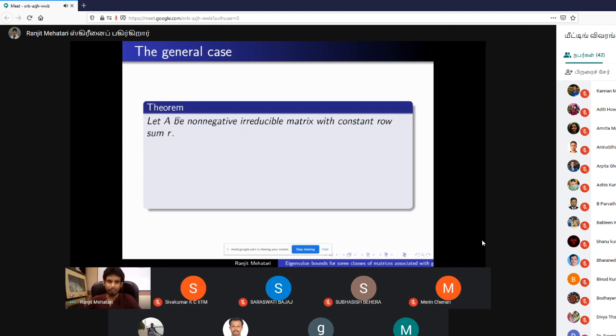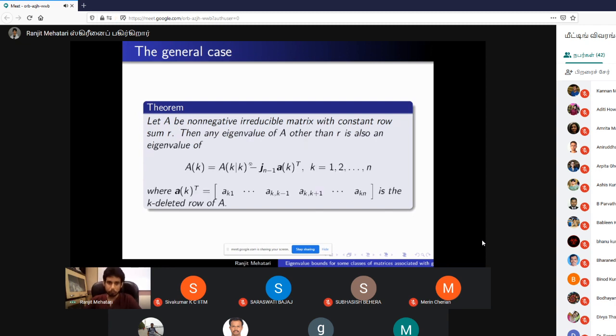That means the multiplicity of the eigenvalue R here is exactly 1. Then we use our observation to establish the following theorem.